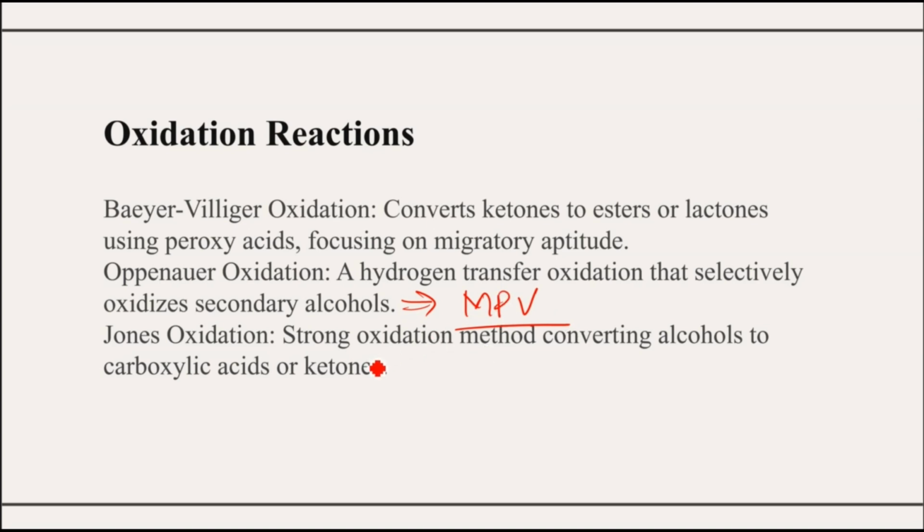Okay, and Jones reagent is a strong oxidation method. This converts primary alcohol to the COOH group, but secondary alcohol to ketone. Only that much is needed in case of Jones oxidation.